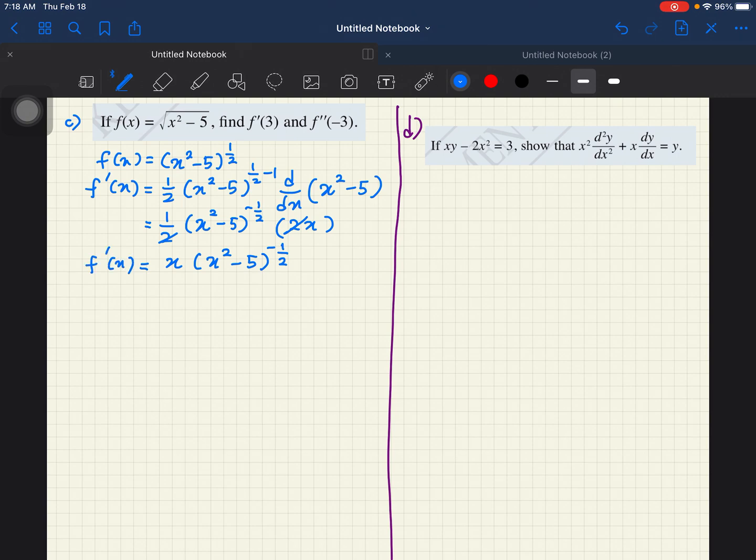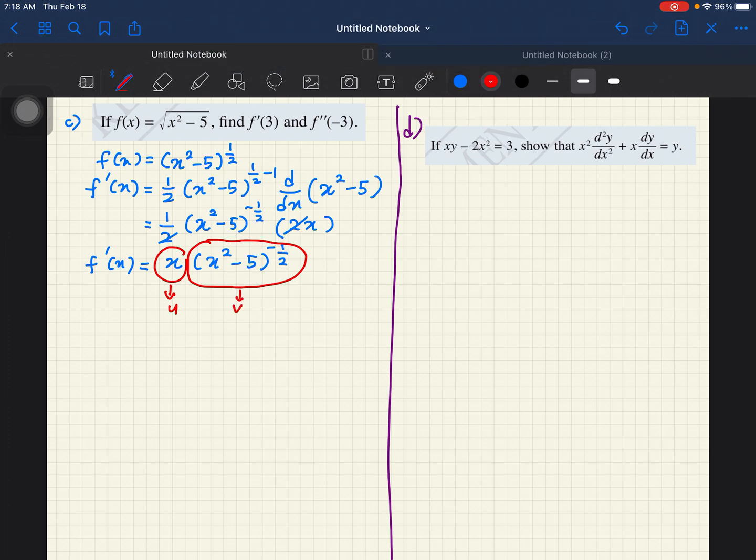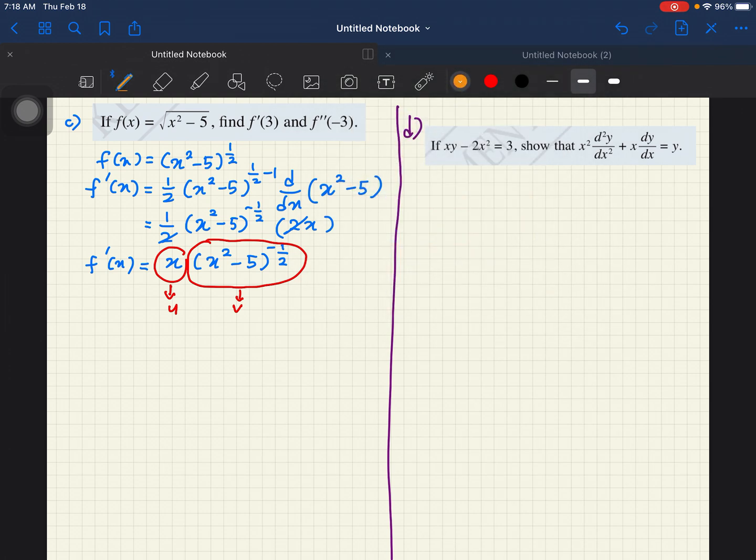So, next thing is we want to do the double differentiation. So, in this case, you can see that dia dah jadi apa tu? U and V. This is your U and this is your V. Okay? So, let's do it one by one. Okay?